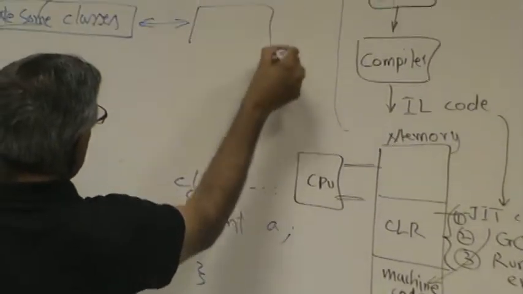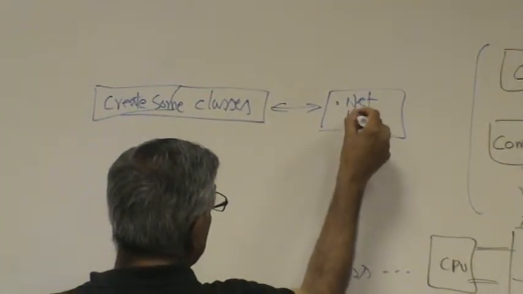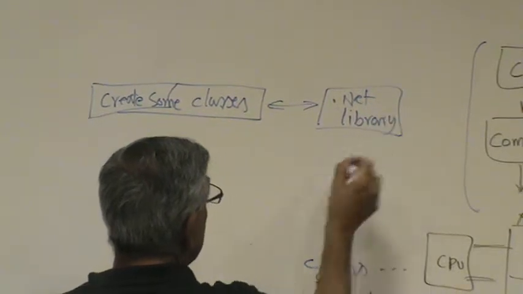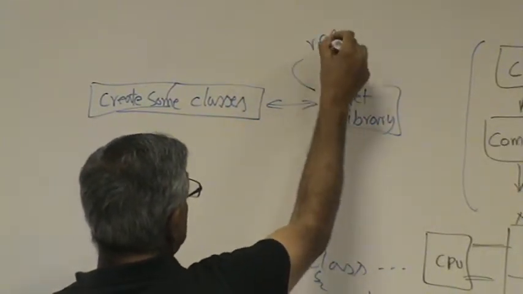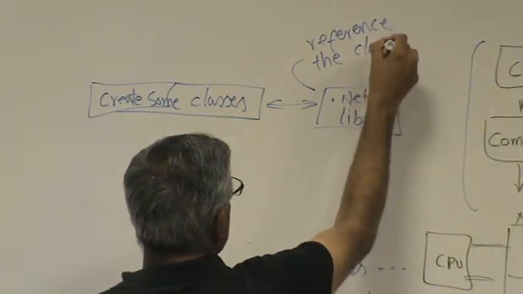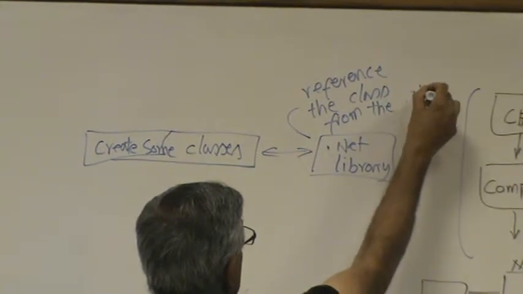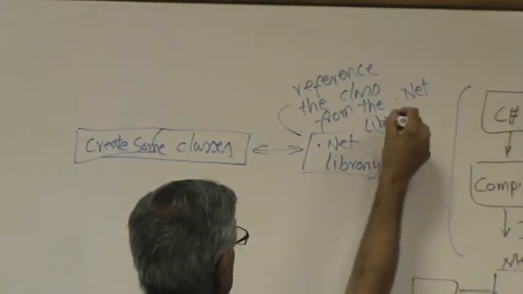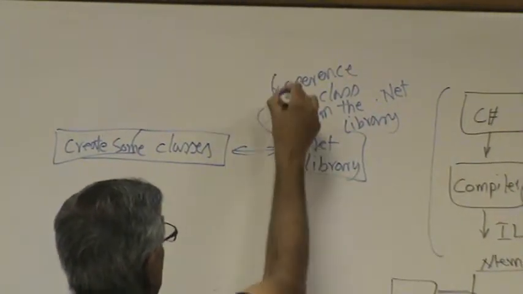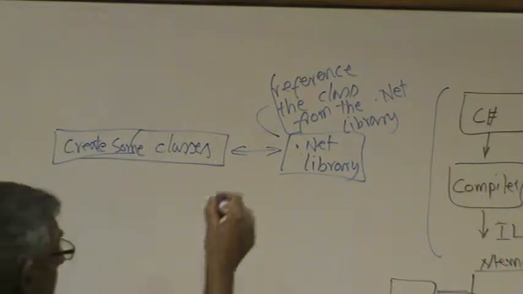We pick some of the classes from the .NET library. These are pre-created for us. What we do is we reference the class from the .NET library. So the terminology that we use whenever we need to pick a class from the pre-created library is called reference.